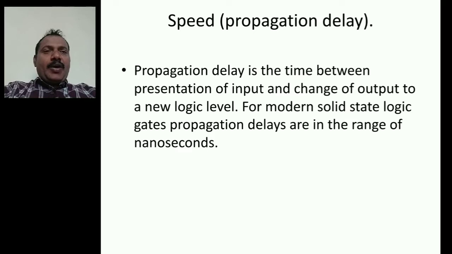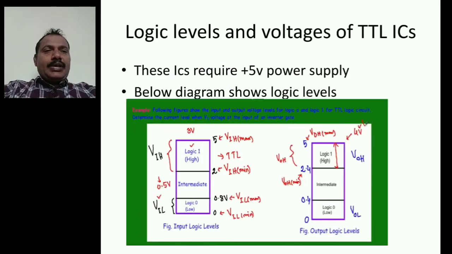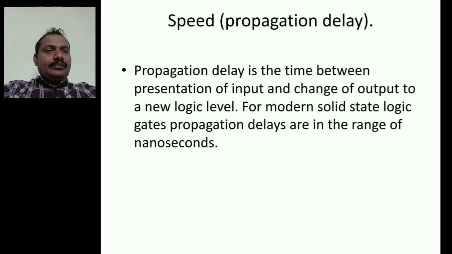And the speed of operation, that is the propagation delay, is the time between presentation of the input and change of output to a new logic level. For modern solid state logic gates, propagation delays are in the range of nanoseconds.